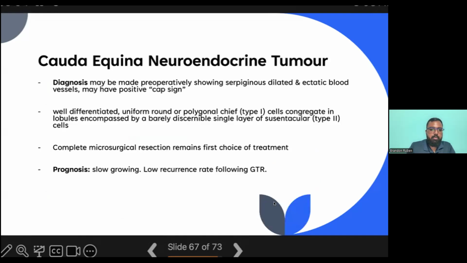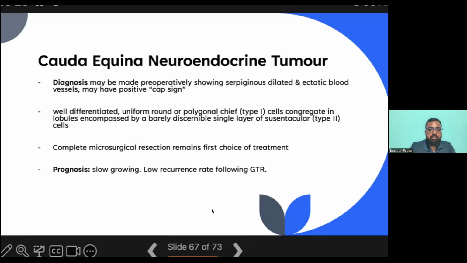Diagnosis may be made preoperatively, showing serpiginous dilated and ectatic blood vessels, which may have a positive cap sign. They are well-differentiated, uniform, round or polygonal chief type 1 cells, which congregate in lobules encompassed by a barely discernible single layer of sustentacular type 2 cells.